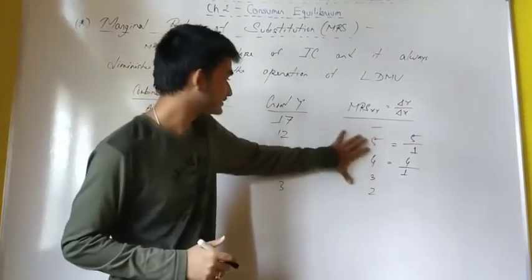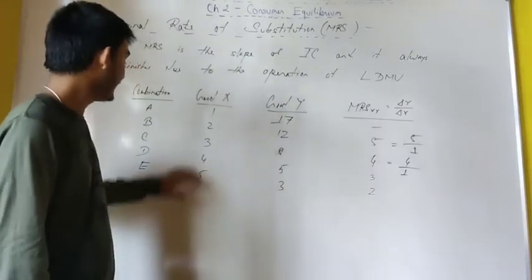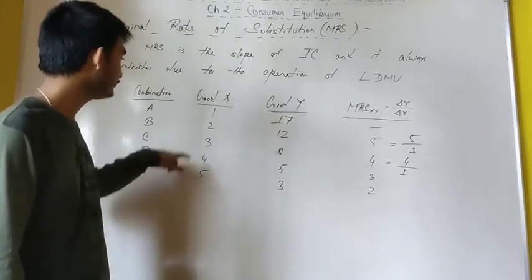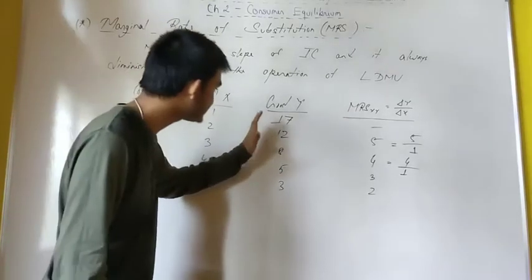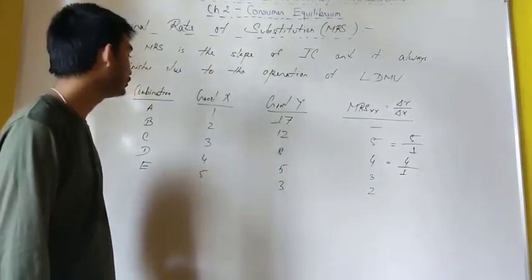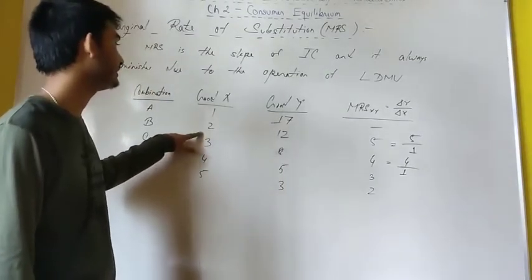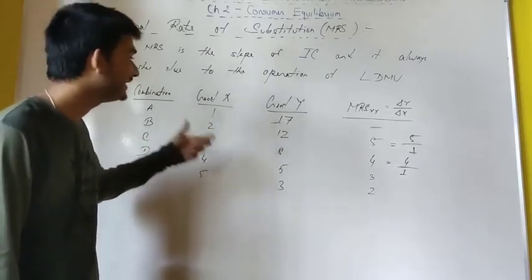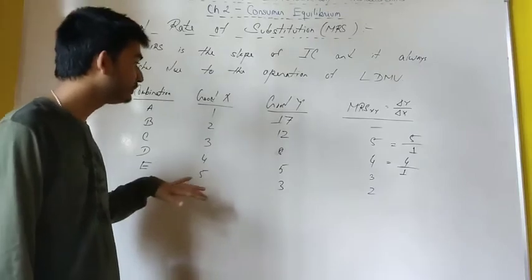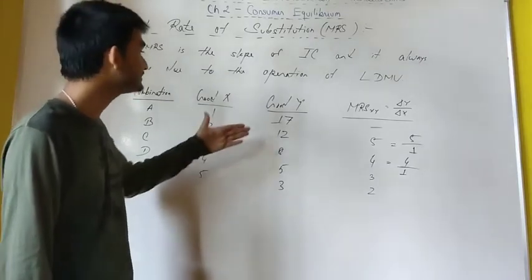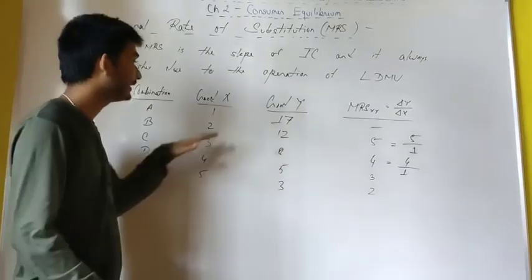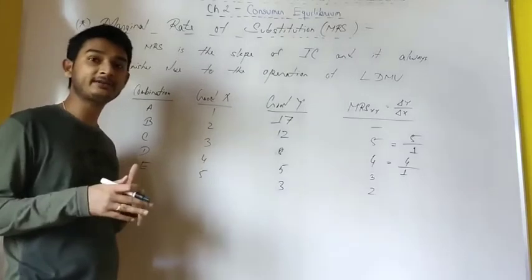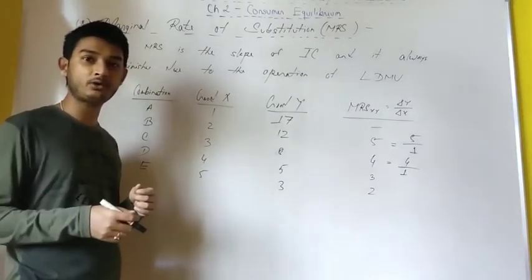Now look at this very closely. If he wants to increase the consumption of good X, he has to sacrifice some amount of good Y. As he is increasing, the marginal utility derived from each successive unit of good X is diminishing. To become indifferent, he is now sacrificing less and less of good Y, because on the indifference curve all the points give him the same amount of satisfaction.